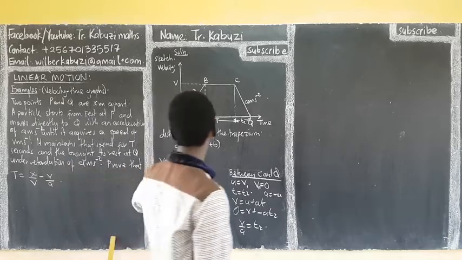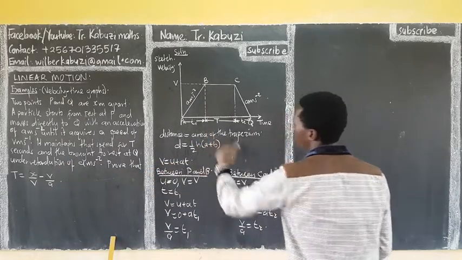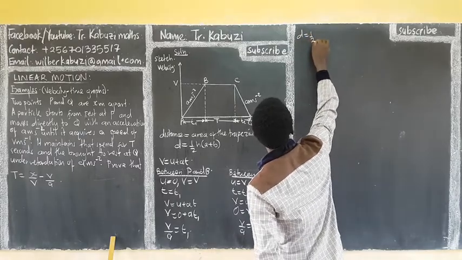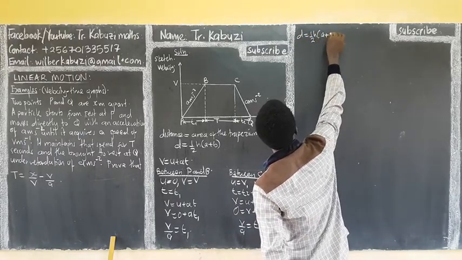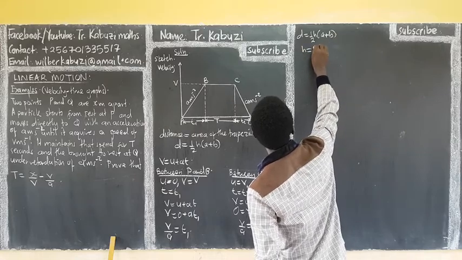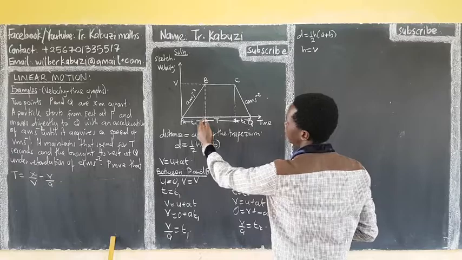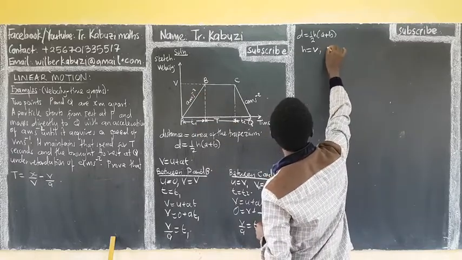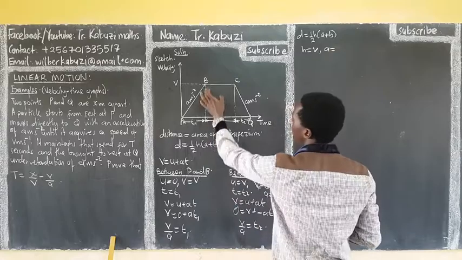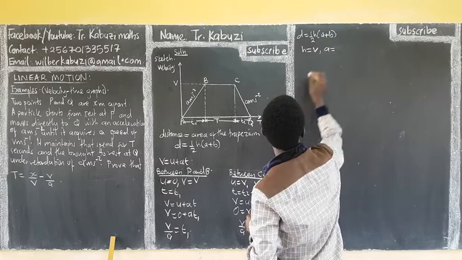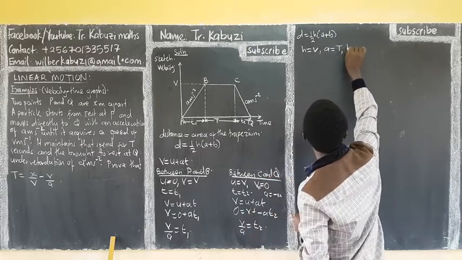So meaning that now, if I need this, my distance is given by a half h into a plus b. My h, the height from here up here, is equal to v. What about my a? My a is this distance here, from here up to here, they told us that it's t. What about my b?